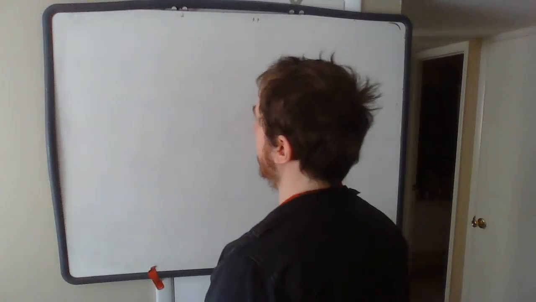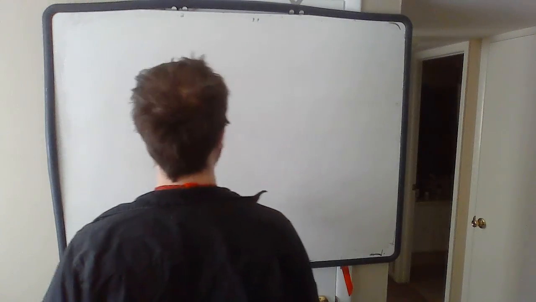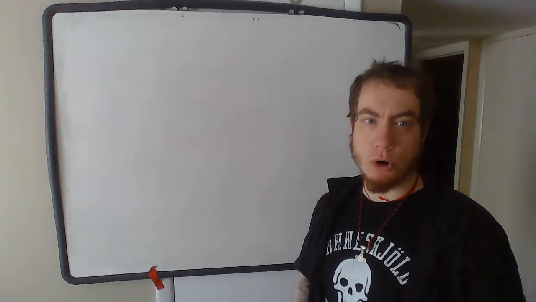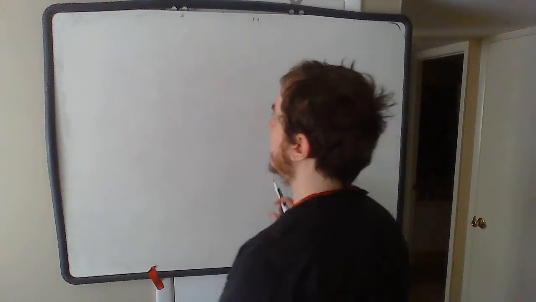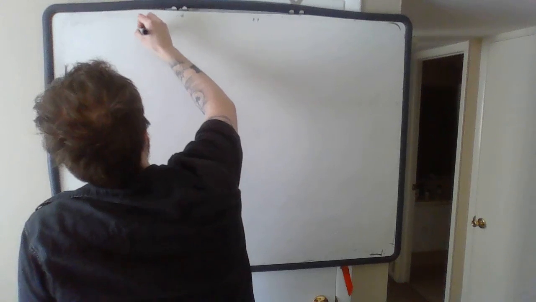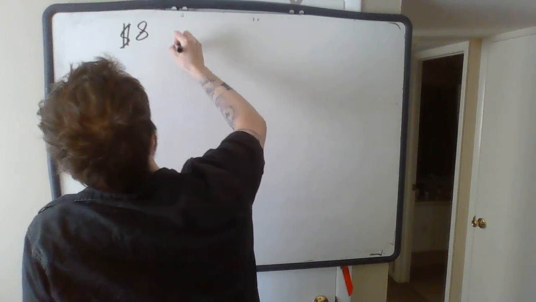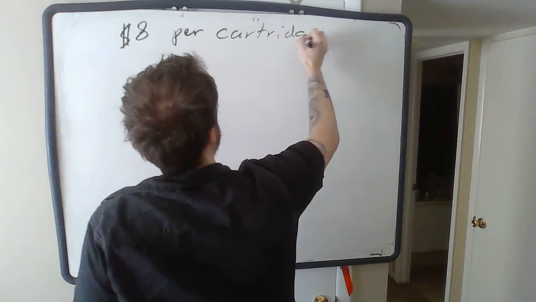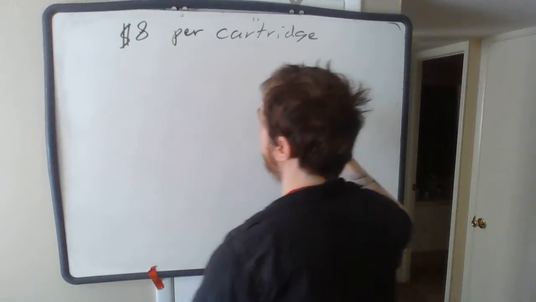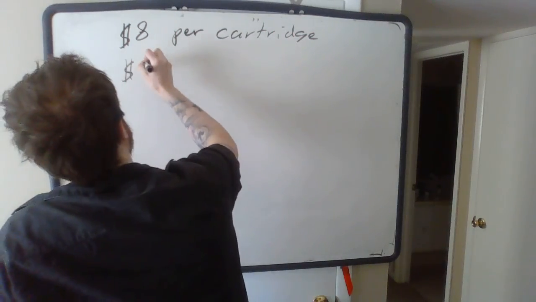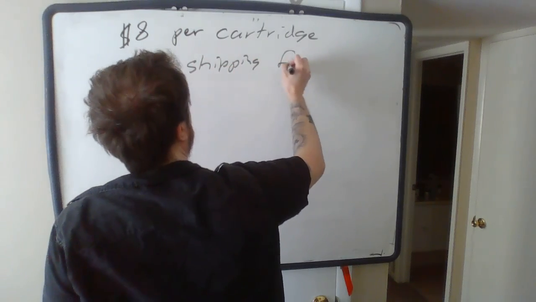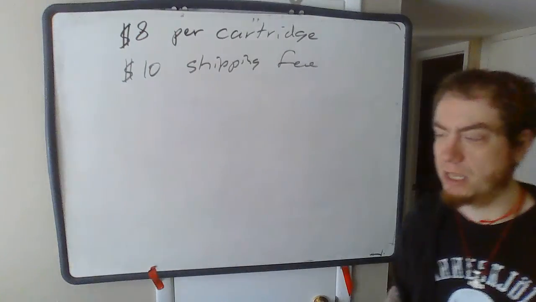let's say that we are putting in an order for something, maybe printer cartridges. We're ordering printer cartridges, and it costs $8 per cartridge, and then there is a flat $10 shipping fee.